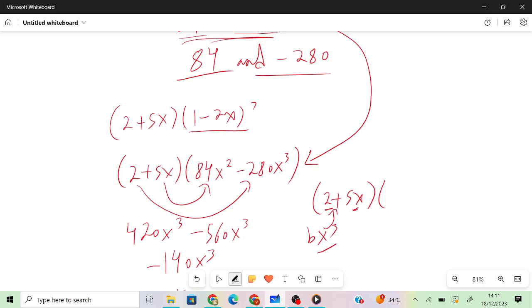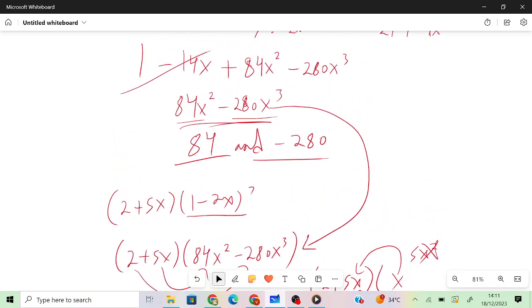Or if you're multiplying cx squared with 5x, you'll eventually get cx cubed. If you have just an x and you're multiplying it with this, you're going to get 5x squared. And we don't want x squared, we want x cubed.